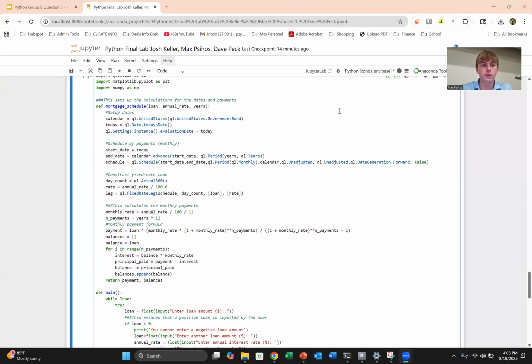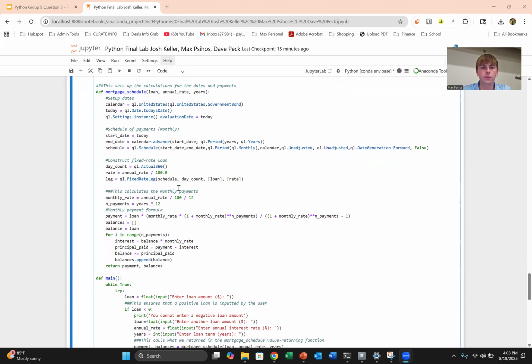And then the next part was getting the Quantlib stuff in that would be later called into the mainline function. So just taking a look at some of the Quantlib functions that were used. Obviously, to set up the dates, we used functions that create a calendar based off of US government bond holidays. And then moved on to the schedule of the payments. Just wanted to make sure that the sequence of payment dates for the loans was inputted and shown later on down by the graph.